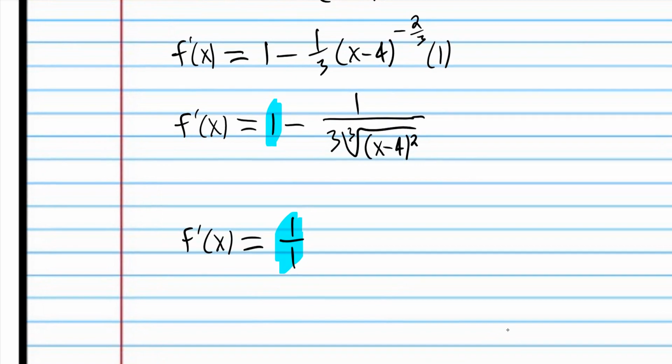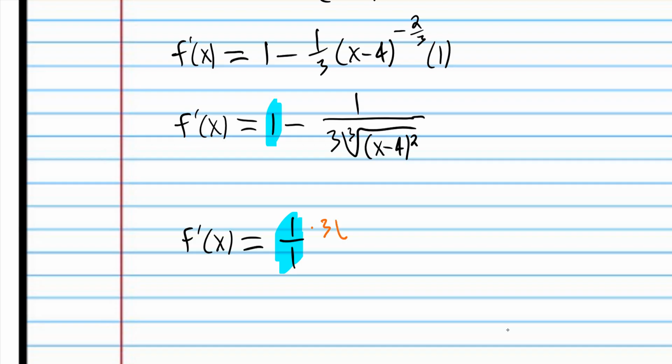It is possible to find critical numbers without combining these terms into one expression, but it's easier to see the critical numbers if you just combine everything. We can see that x equals 4 is a critical number because this expression is undefined when you have that x value plugged in. So we can already see one critical number.